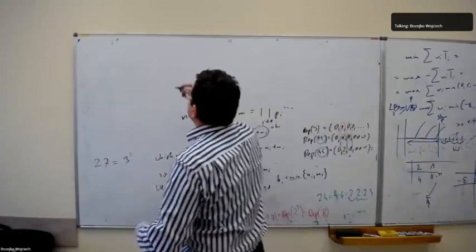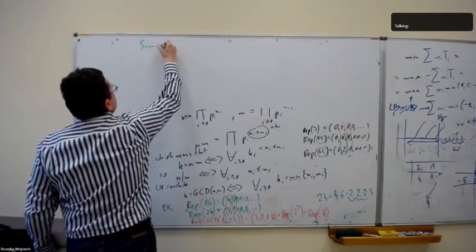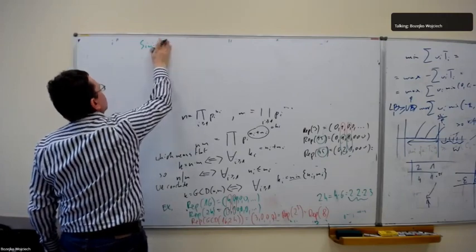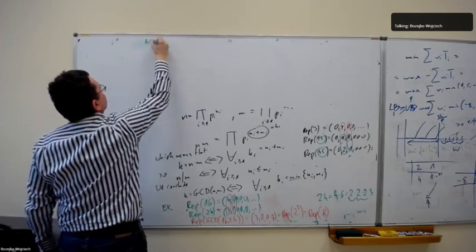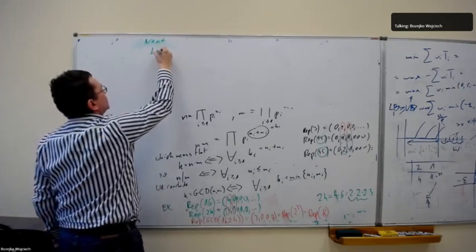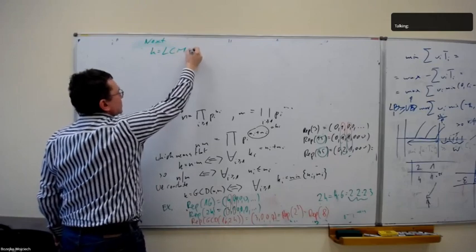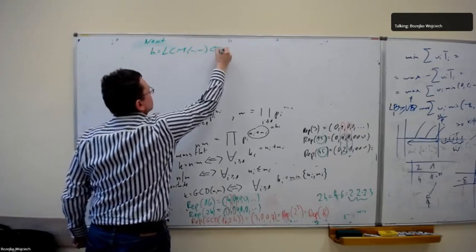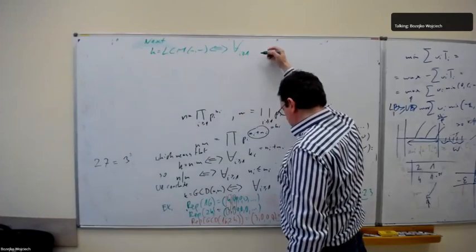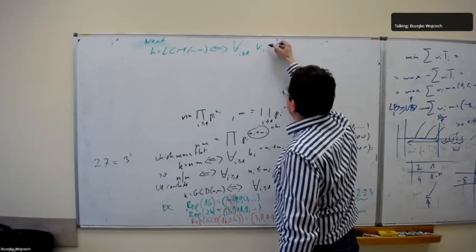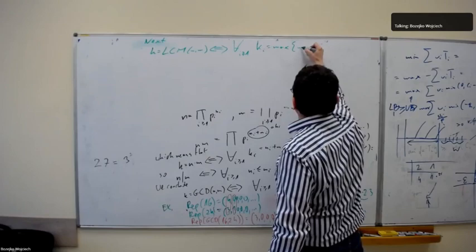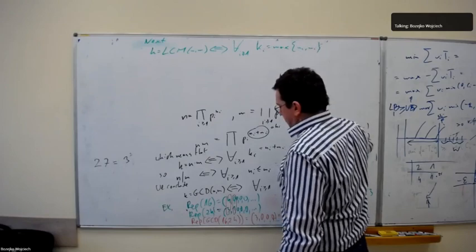Similarly, if k is the least common multiple of n and m, it means that for all i, we could take ki as the maximum of ni and mi.